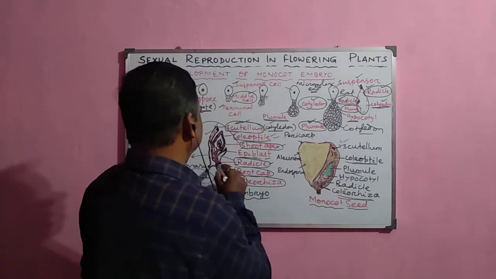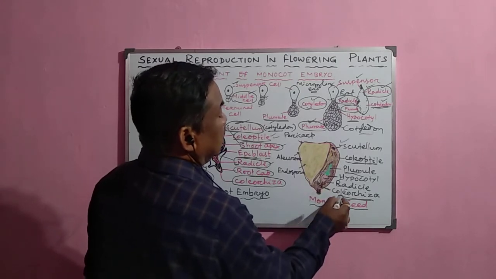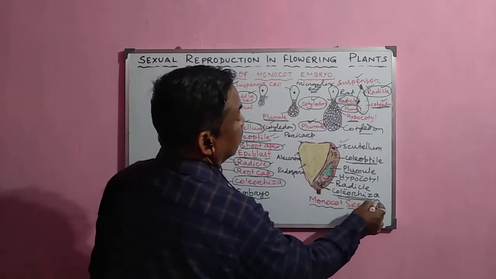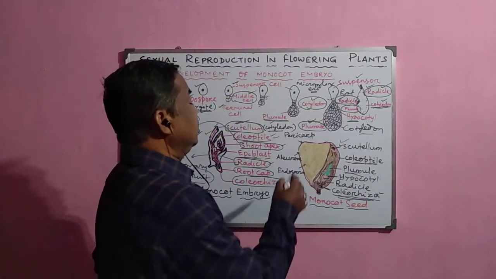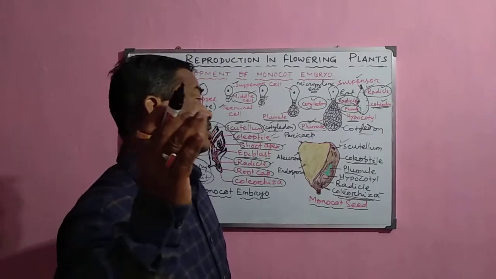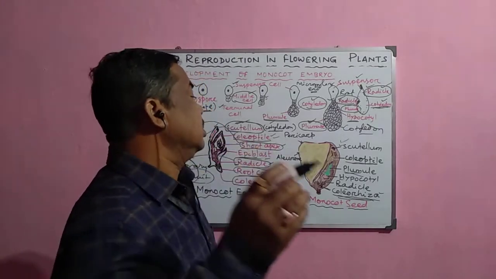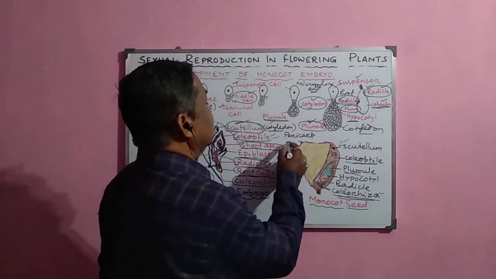The root cap is also present here, and it is embedded inside the coleorhiza. In this seed, the outer covering is very thin and membranous, as in maize, and it is fused with the fruit wall. This is called the pericarp.